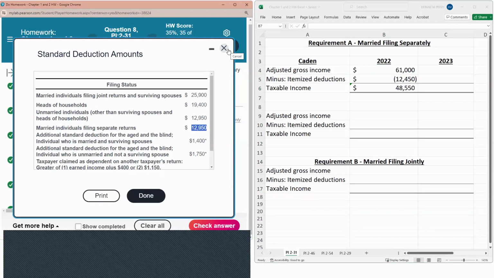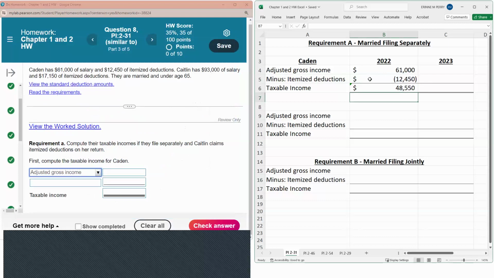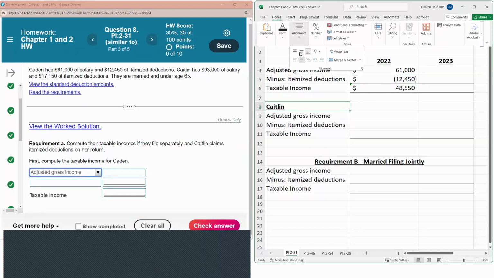But one of the key things when you are filing a married filing separate tax return is that both spouses need to claim the same thing as it relates to from-AGI deductions. They both either claim the standard deduction or they both claim the itemized deductions. So in this case, because Caden is claiming itemized deductions, Caitlin also must file the itemized deductions. They both essentially need to file the same thing.